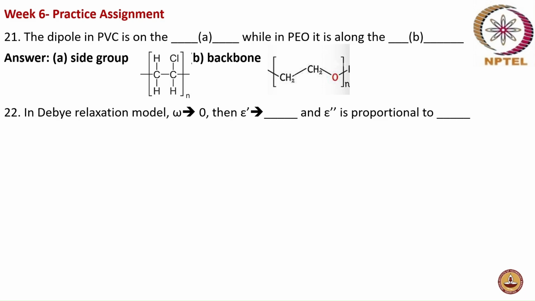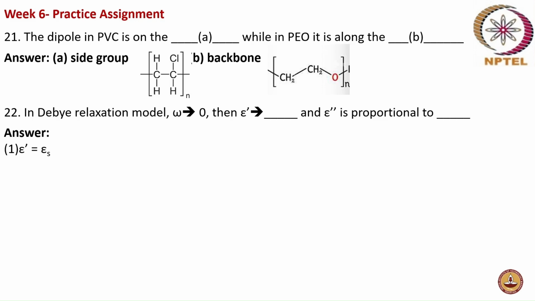In Debye relaxation, the permittivity will be maximum. Okay. What about the dielectric loss? Will it be proportional to frequency or inversely proportional to frequency? Then it will be proportional.